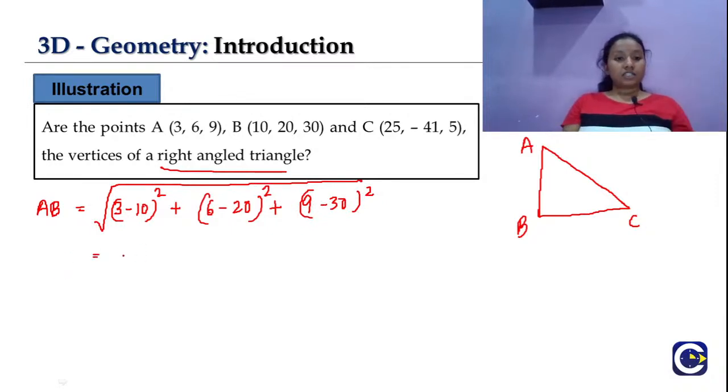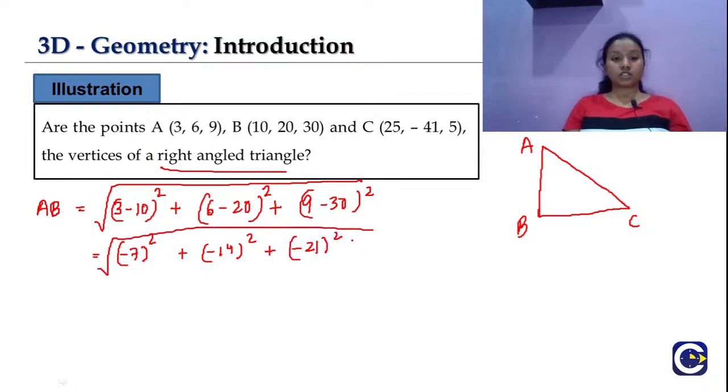And then 3 minus 10 will be minus 7 whole square here. And then here it will be minus 14 whole square. And then here minus 21 whole square. So we just have to find the squares of that. So 49 plus 196, and then 21 square is 441, under root.